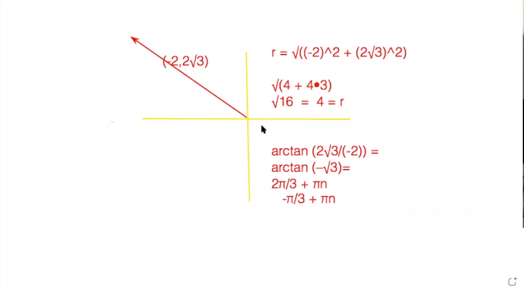So in this particular case, it's got to be 2 pi over 3 over here, which means that we're using 1 for n. But that actually tells us the polar coordinates, because now the polar coordinates are 4, comma, 2 pi over 3, which is what we knew because we were working backwards from something we started with.